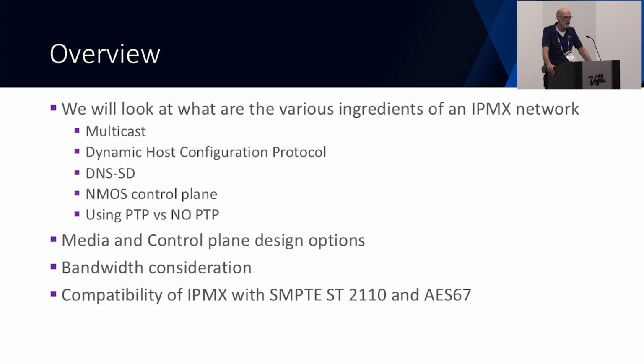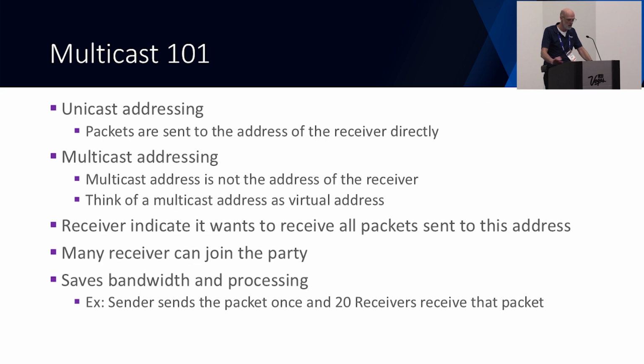We'll look at bandwidth considerations when designing a network. And we'll also cover the compatibility of IPMX with SMPTE 2110 and AS67. So the idea is to go over all these different elements that you need to consider when you're building an IPMX system, including the network. Some of this you've heard in previous sessions, but we'll go over them.